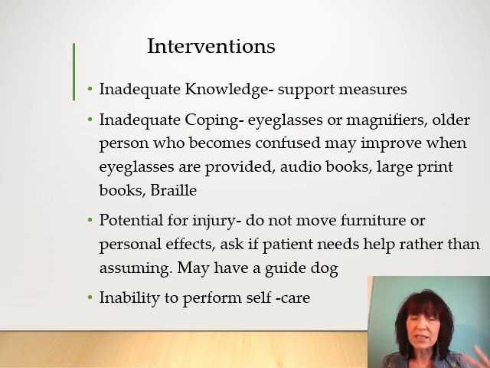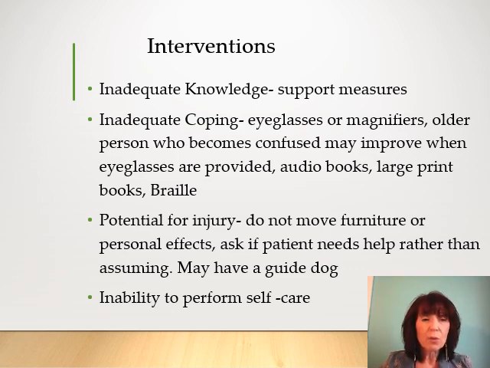Not being able to see things around you, only see blurs, it's confusing. So things that you can provide to help with their coping is not only their eyeglasses, but audiobooks, large print books, and also things in Braille.